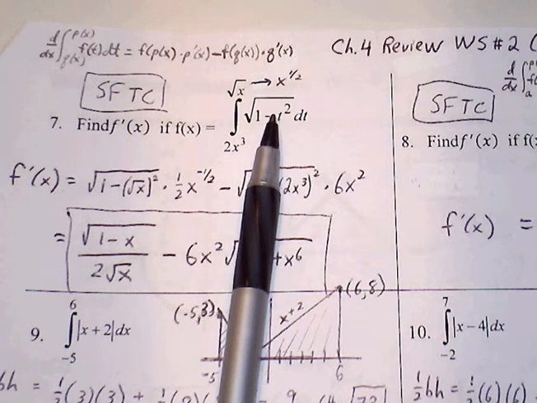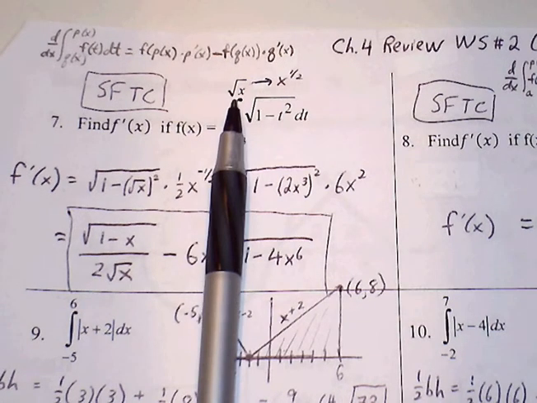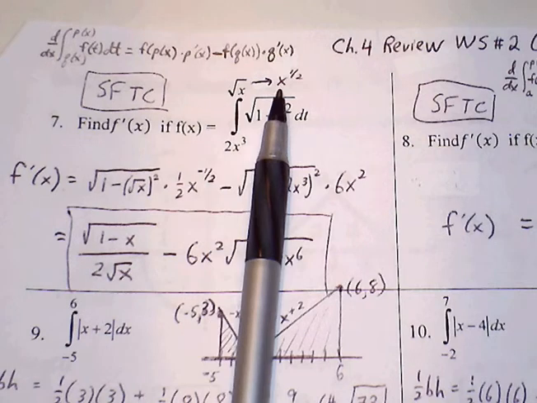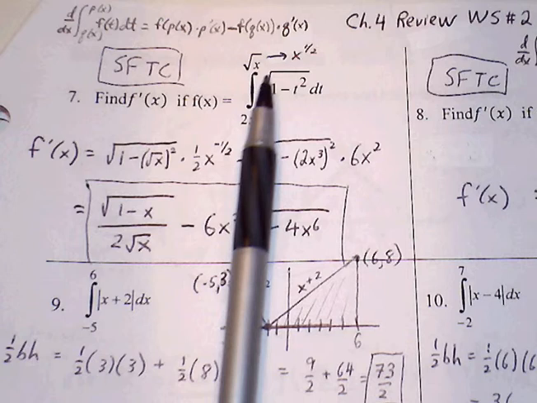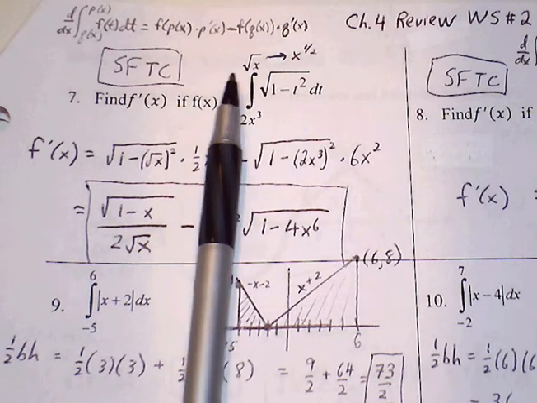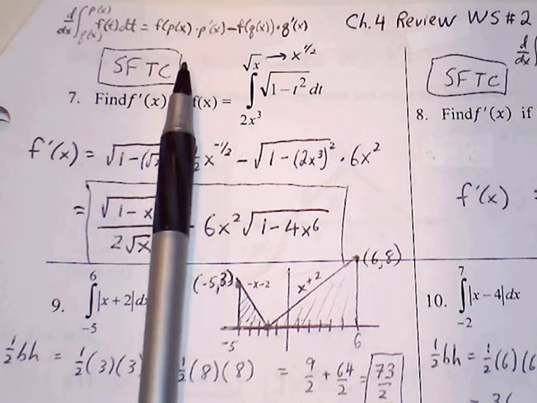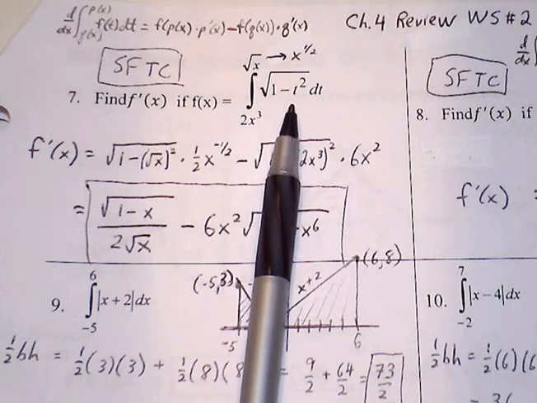Okay, so we'll do that here. I'm going to rewrite square root of x as x to the 1/2. So for the derivative, we're simply going to follow the rule. Upper bound into the function, so square root of x goes in for t.